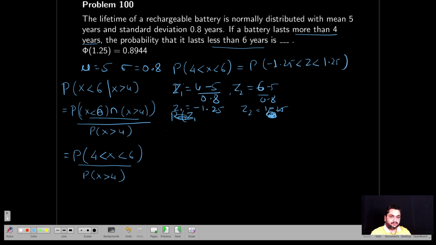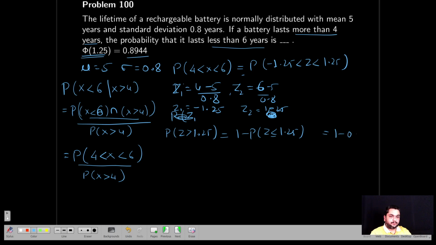And then what is P of x greater than 4? That means Z greater than minus 1.25. Now you find the values. So this is P of Z greater than minus 1.25, which means 1 minus P of Z less than or equal to 1.25, you can write like this. They are already given this Z less than or equal to 1.25 value.